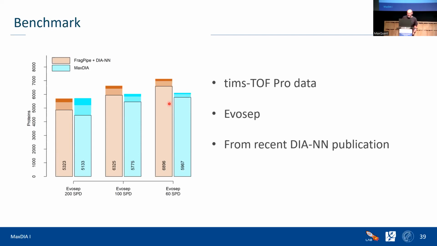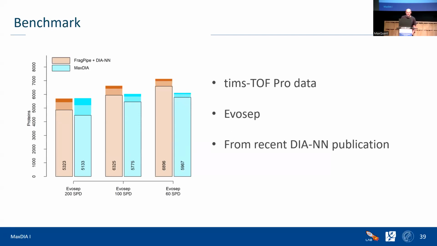For DIA-NN, I'm not sure if they can read the Spectronaut format, then we can read it as well. I'm not sure if they have a format for themselves. They produce a dot-slip. I don't know exactly if they can get Spectronaut libraries. Maybe somebody knows.